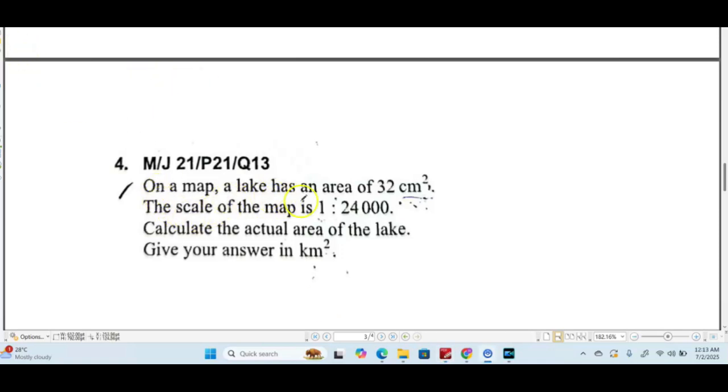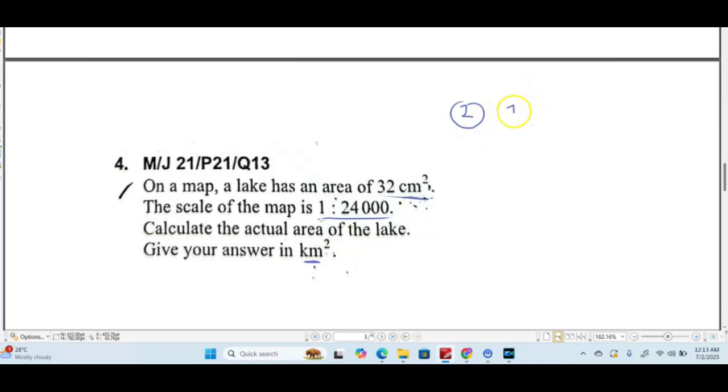On a scale, a lake has an area of 32 centimeter squares. The scale on the map is 1 ratio 24,000. Calculate the actual area of the lake. Give your answer in kilometer square. So first thing is first, what we need to do is find the relationship between centimeter squares and kilometer squares.